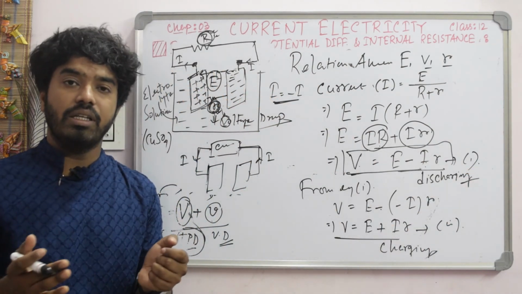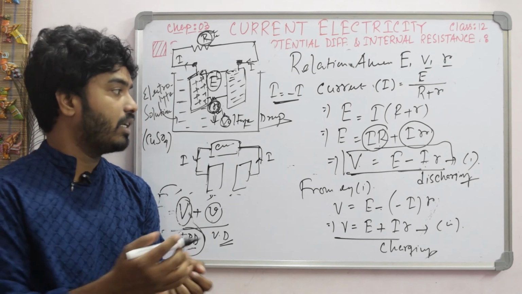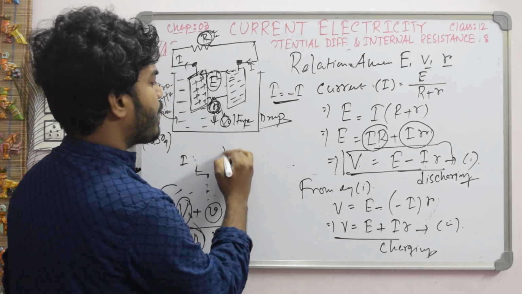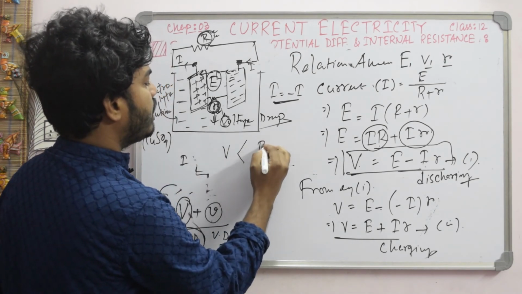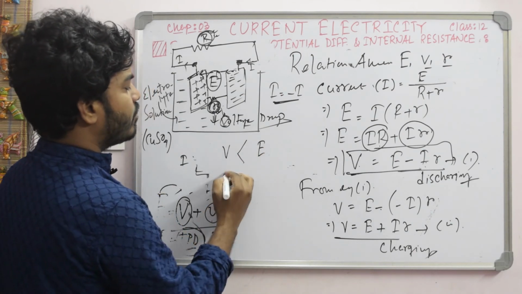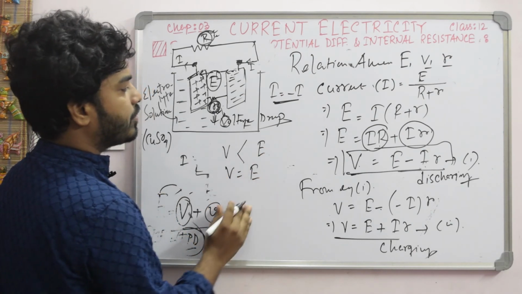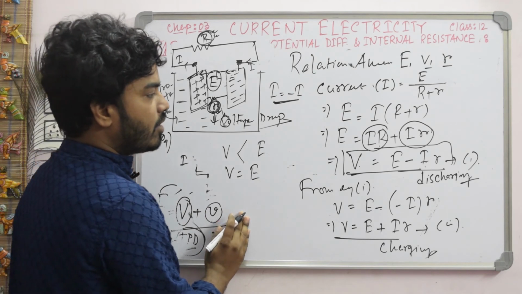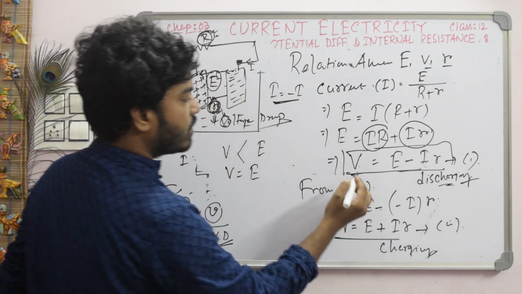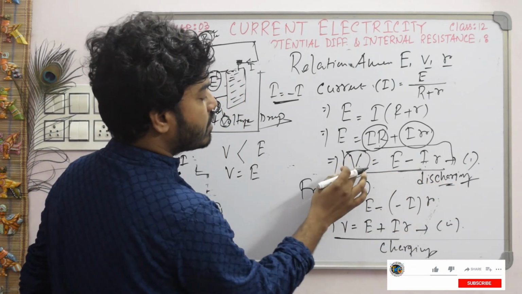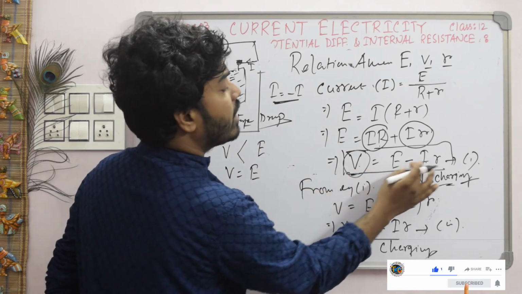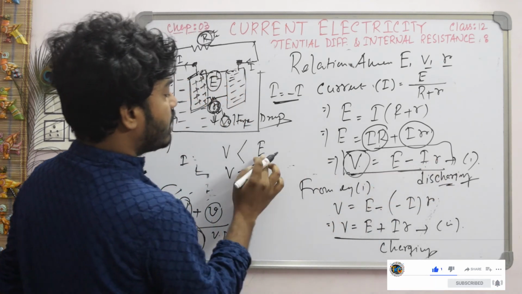So in general, in discharging condition, we can say always V less than E, or you can say V is equal to E.